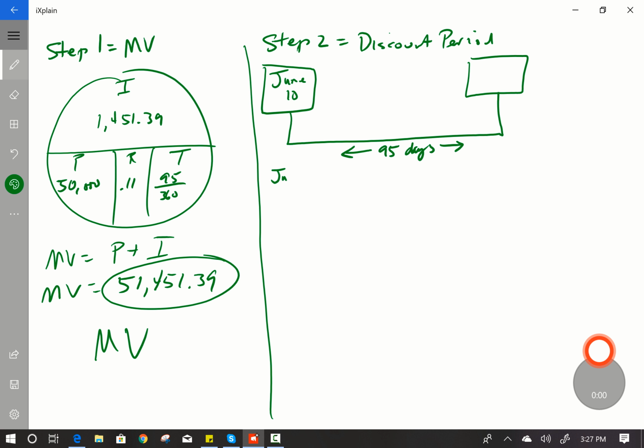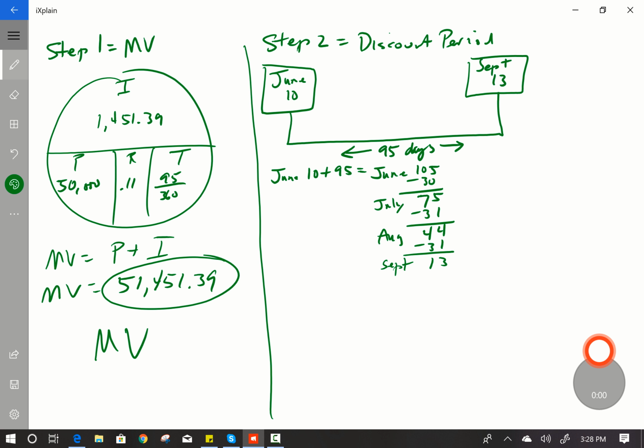I'm going to start with June the 10th plus 95 days, and that's going to give me June the 105th day. Okay, I'm going to subtract 30 days from June to give me 75 days in July. I'm going to subtract 31 days in July to give me 44 days in August. I'm going to subtract 31 days in August to give me 13 days in September. So September the 13th is the date that the note matures.